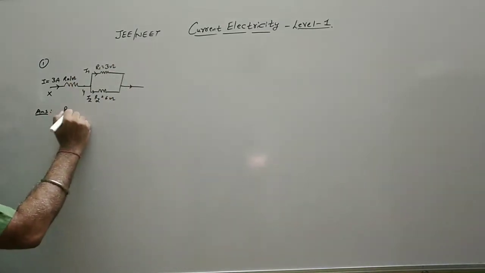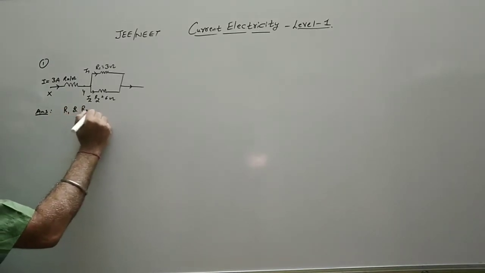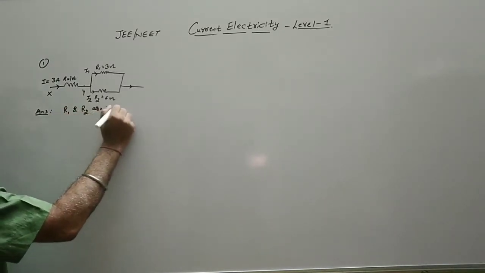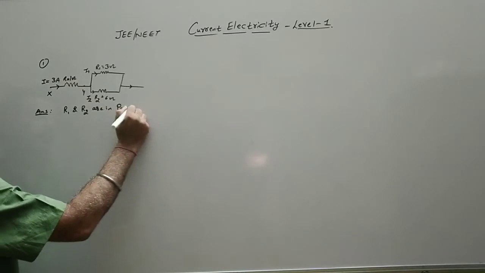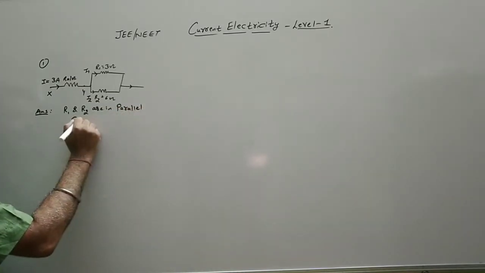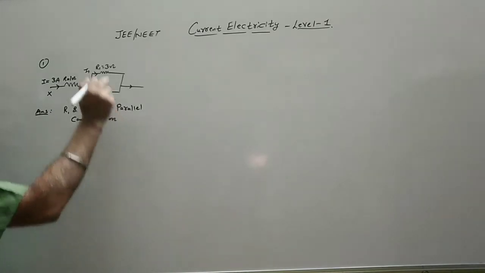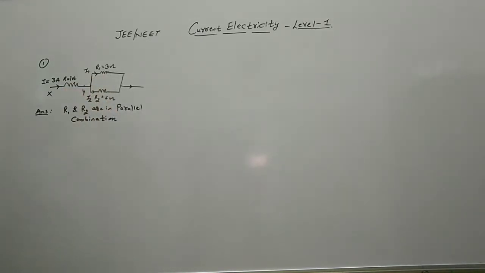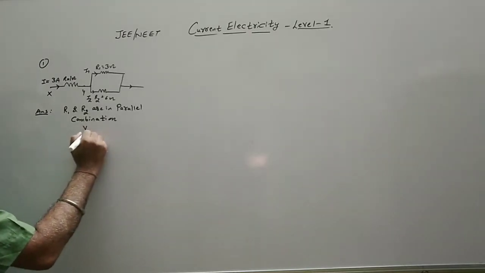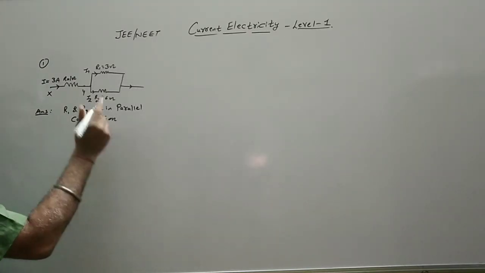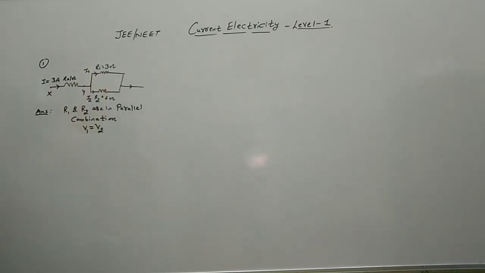So R1 and R2 are in parallel combination, and we know that in parallel combination the potential difference across these two resistors will be the same. So I can write V1 is equal to V2, where V1 is the potential difference across R1 and V2 is the potential difference across R2.